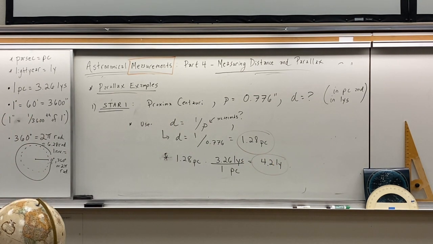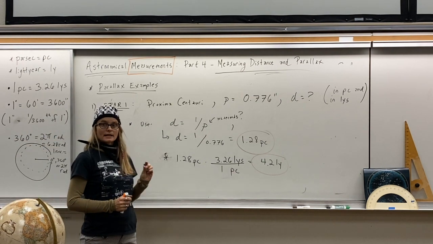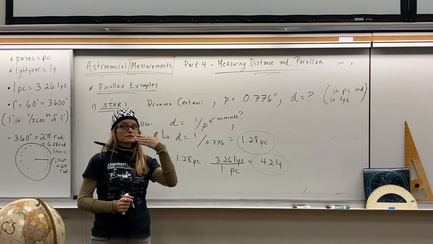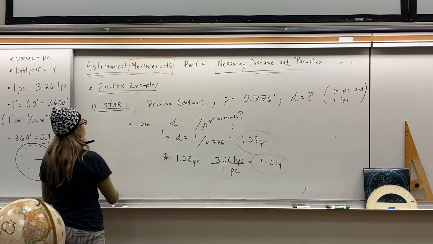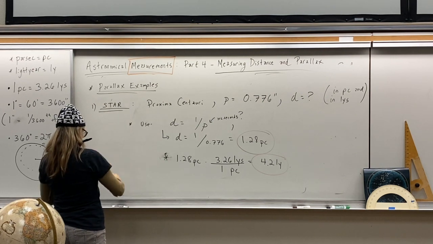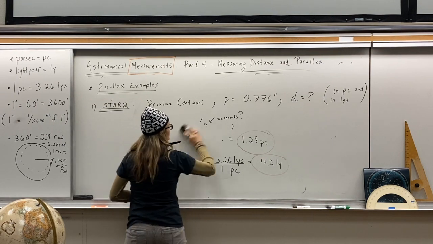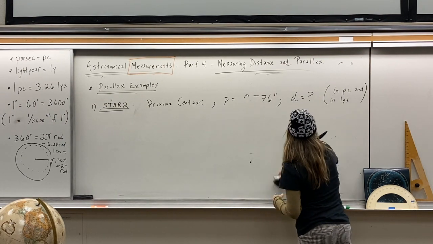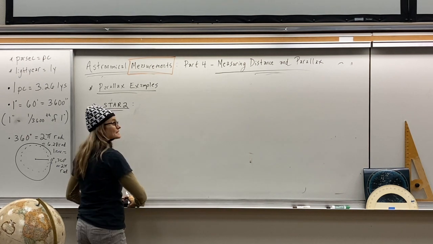So that's Proxima Centauri. Now, what if I had a smaller arc-second angle, which I would expect for a star further away? Let's go ahead and do our star 2. In star 2, we're going to have, let's go ahead and do Sirius.